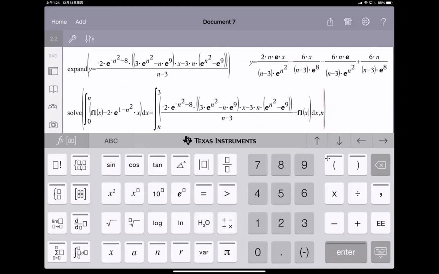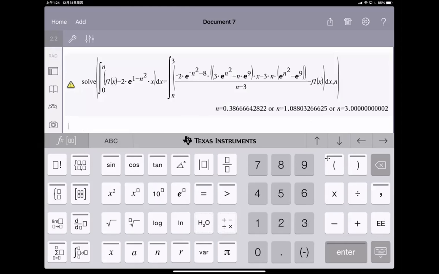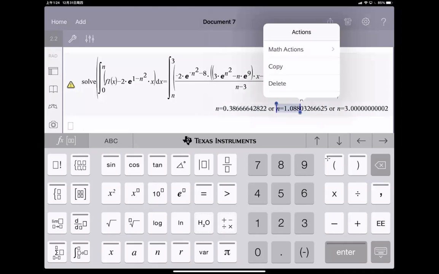Of course, this equation will be very hard to solve analytically, so we are using Control Enter. We have 3 possible values, but remember, your values must be within 1 to 3. So you eliminate this one, you also eliminate this one. The only possible value is 1.088, okay? This value here.